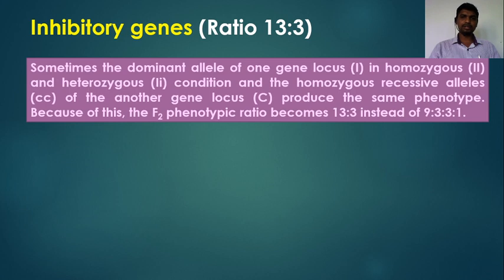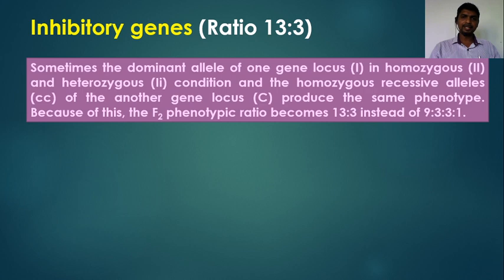The dominant allele of one gene locus, that is I, in the homozygous condition, we write as capital I capital I, and heterozygous, capital I and small i, and the homozygous recessive alleles of the other gene locus, that is C, we write as small c, produce the same phenotype.